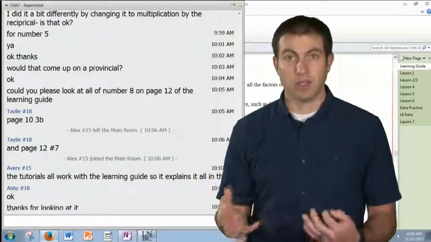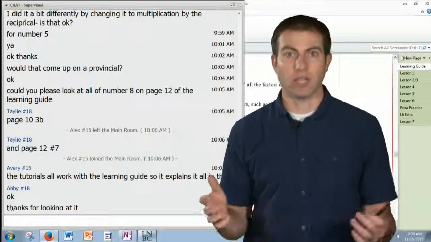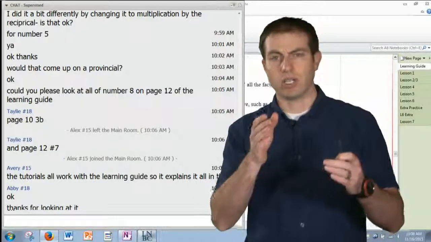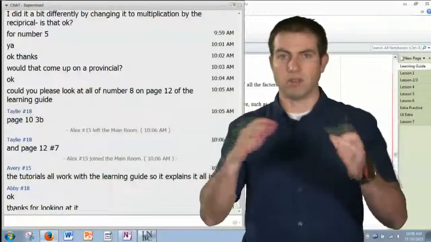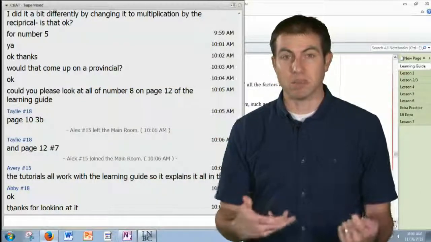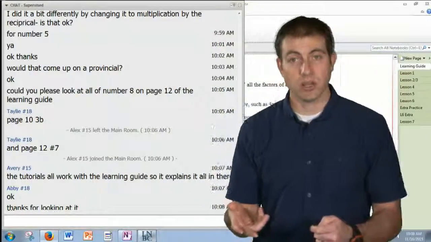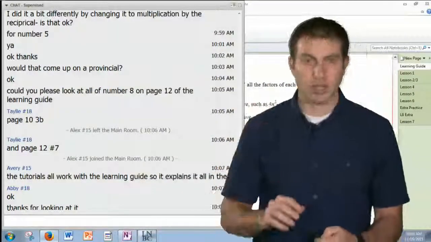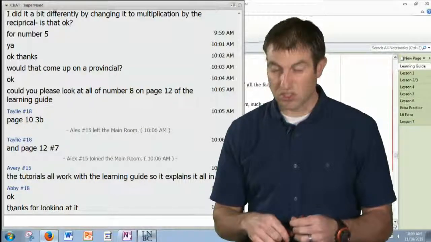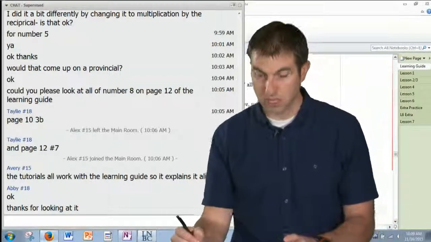My opinion, this AC method we're doing is a way that works for all factoring questions. So instead of teaching a different way for each type and trying to identify if it has a negative or a positive and a negative, just a method that works for everything makes more sense to me. So that's how I choose to teach it. If you find it easier to do it that other way, however question 8 is being done, then by all means, go ahead and do it. It just seems like more stuff to remember for me, so I don't like to have to remember any more than I need to.